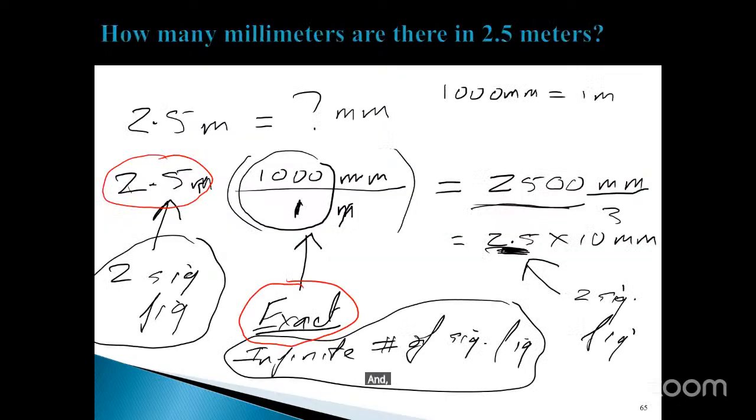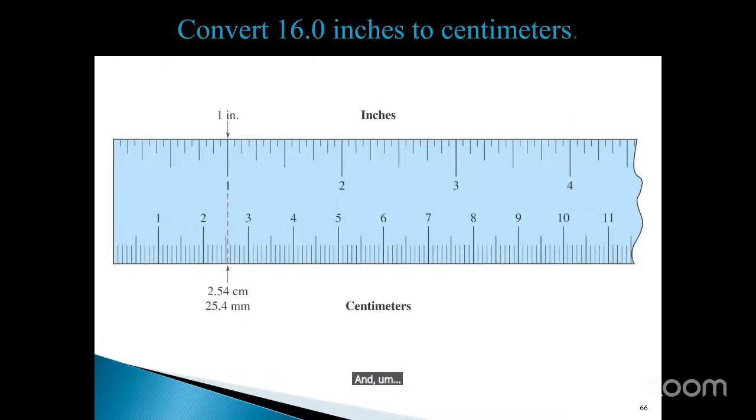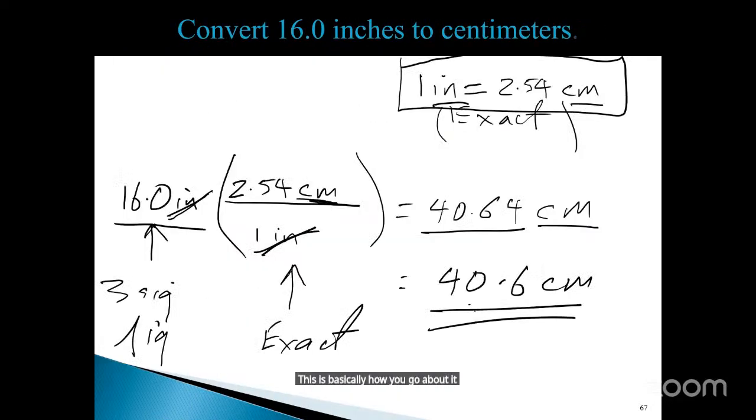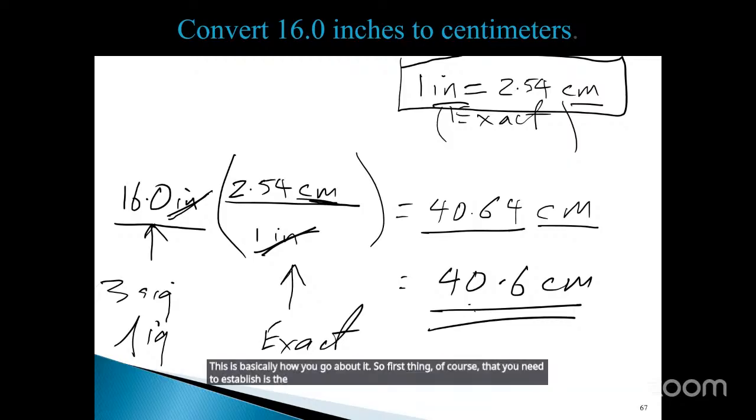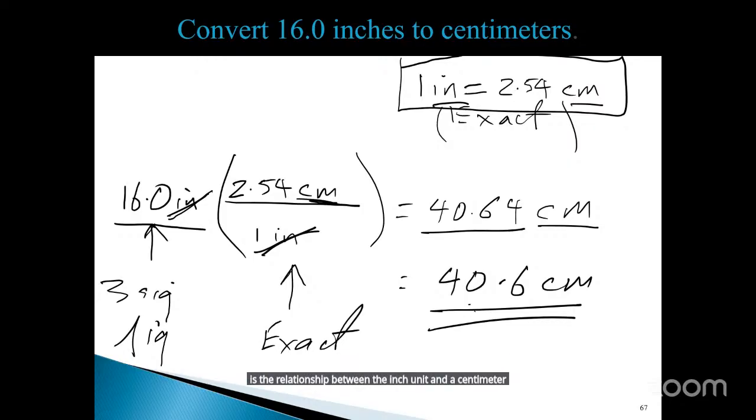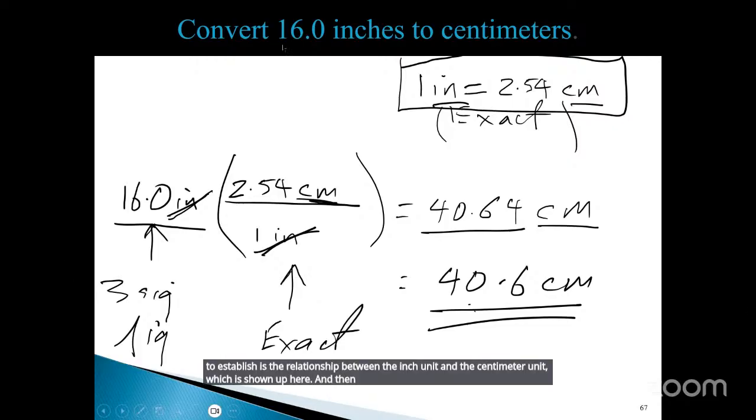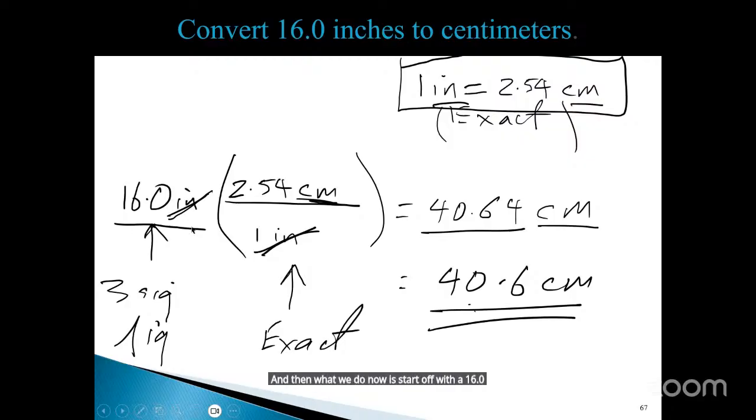And this is basically how you go about it. So first thing, of course, that you need to establish is the relationship between the inch unit and the centimeter unit, which is shown up here. And then what we do now is start off with the 16.0 inches, which is this, and we multiply by the conversion factor, which relates these two.